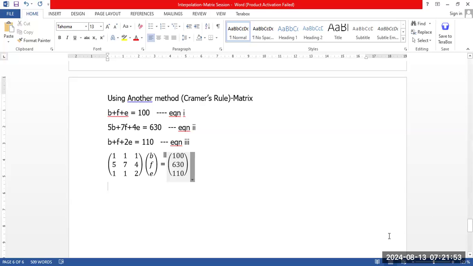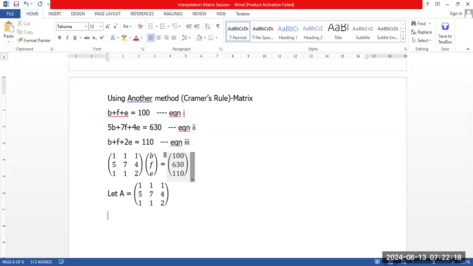The same way we are doing for the other first number. Let A equal to, we are trying to get the determinant here. Let A equal to the first matrix here. Let A equal to this.